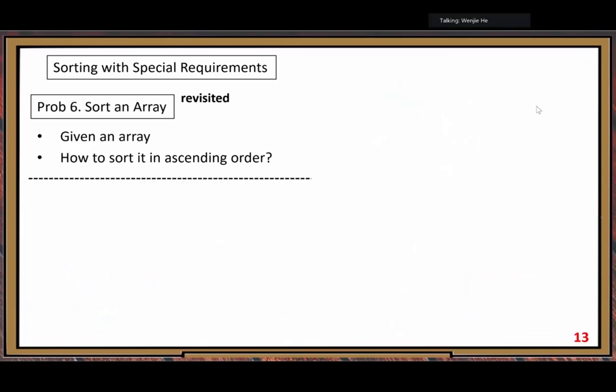So the next step is building a heap. Because when we start from an arbitrary array, our given data is an arbitrary array, definitely, in general, it does not follow the max heap property.